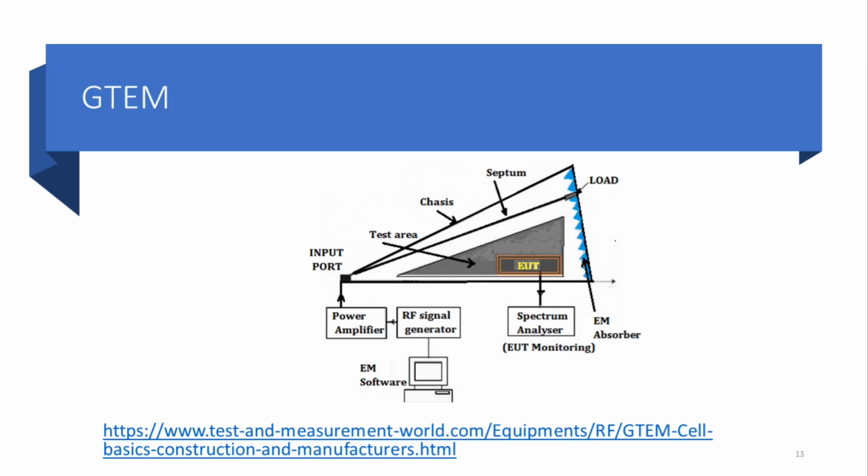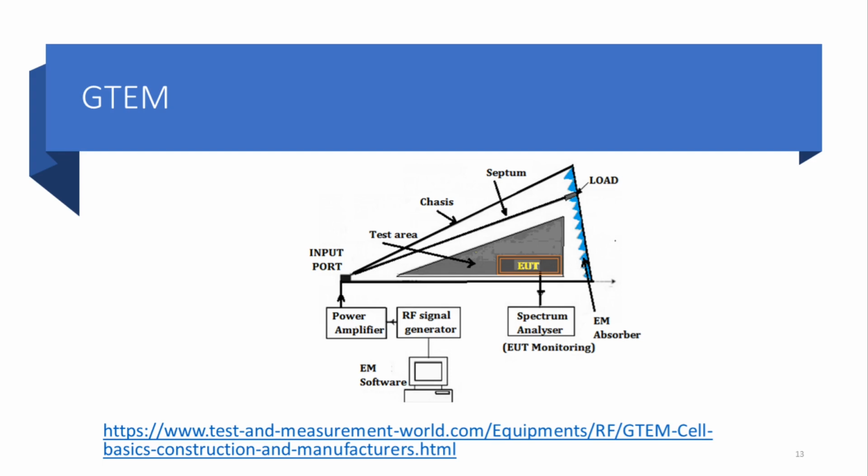For conducted emission testing, the EUT is placed inside the cell, which is connected to a port of 50 ohm impedance and a spectrum analyzer on the other port. The EUT radiates the noise within the cell, which is propagated to the terminals.